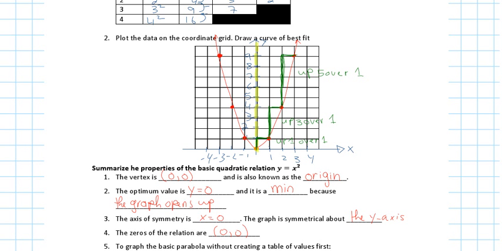Now, this pattern is true for all quadratics, or a multiple of it. So my pattern for quadratics is 1, 3, 5, starting from the vertex.